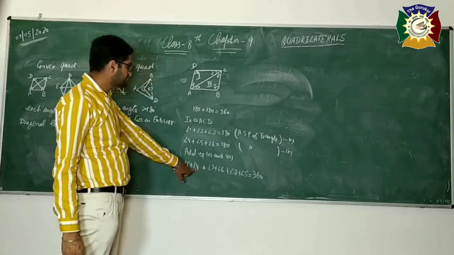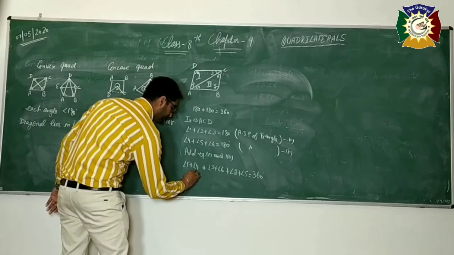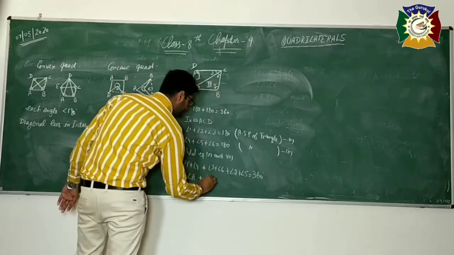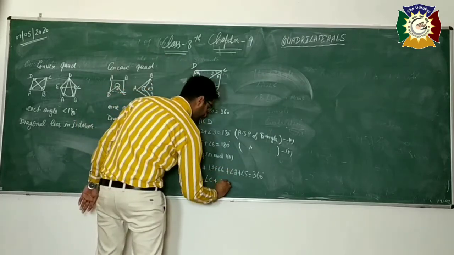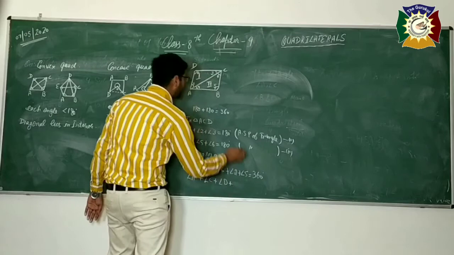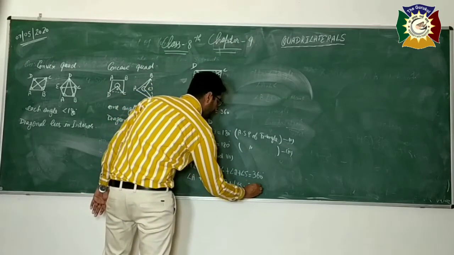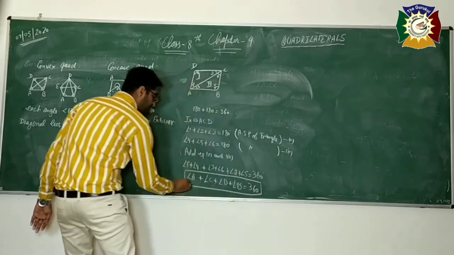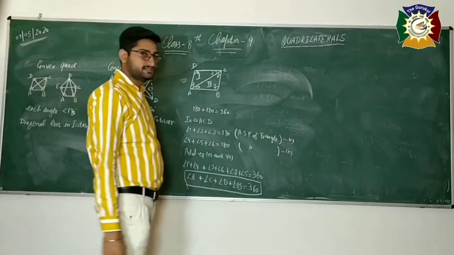Now, angle 1 plus angle 4, you can easily say it's angle A. Angle 3 plus angle 6, it's angle C. Angle 2, it's angle D. And angle 5, it's angle B. So here you can see that the sum of 4 angles is equal to 360 in a quadrilateral.